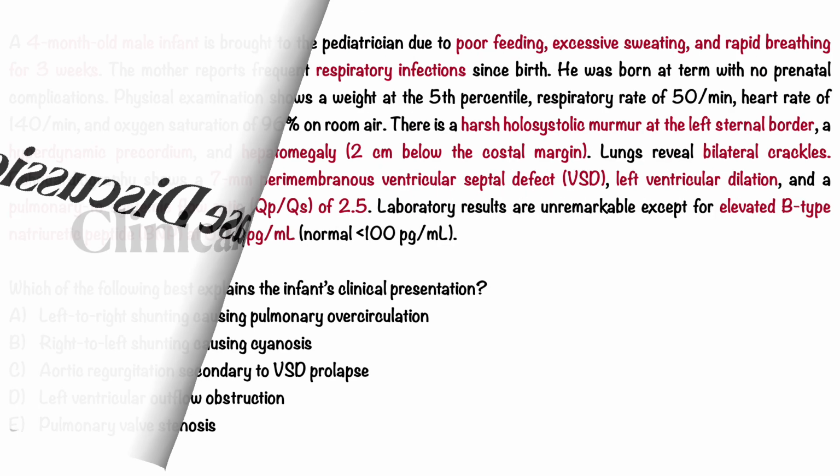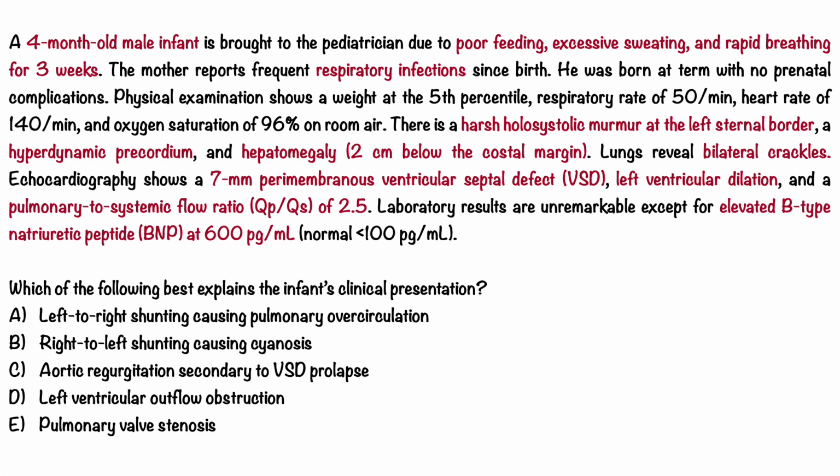A 4-month-old male infant is brought to the pediatrician due to poor feeding, excessive sweating, and rapid breathing for 3 weeks. The mother reports frequent respiratory infections since birth. He was born at term with no prenatal complications. Physical examination shows a weight at the 5th percentile, respiratory rate of 50 per minute, heart rate of 140 per minute, and oxygen saturation of 96% on room air.